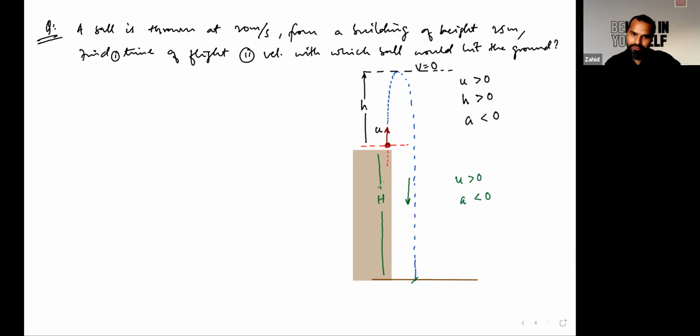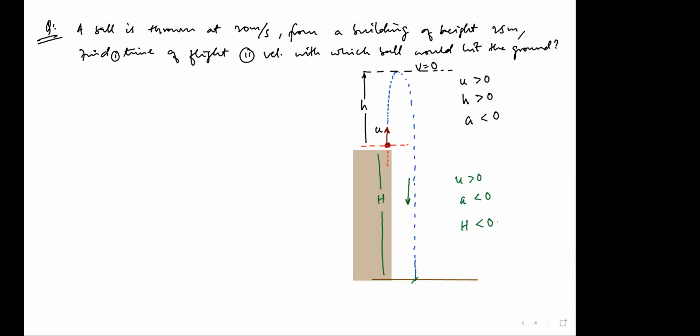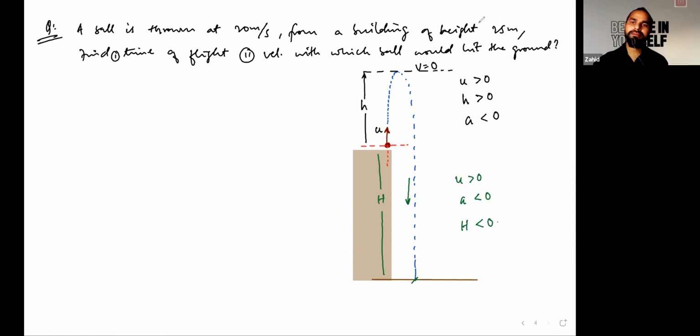What will be assigned for this capital H, positive or negative? Negative. As the origin is at this point, all upward measurements will be positive and all downward measurements would be negative. So in this situation, capital H would be negative. Okay. Yes, sir. Hiba, any doubt?